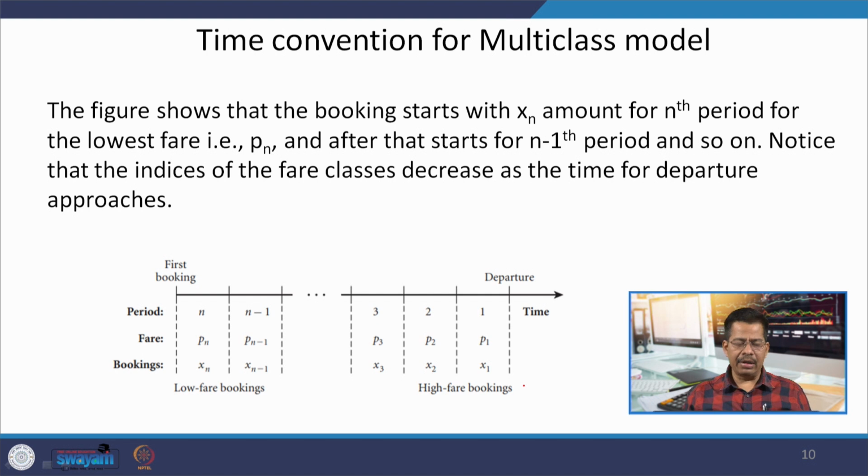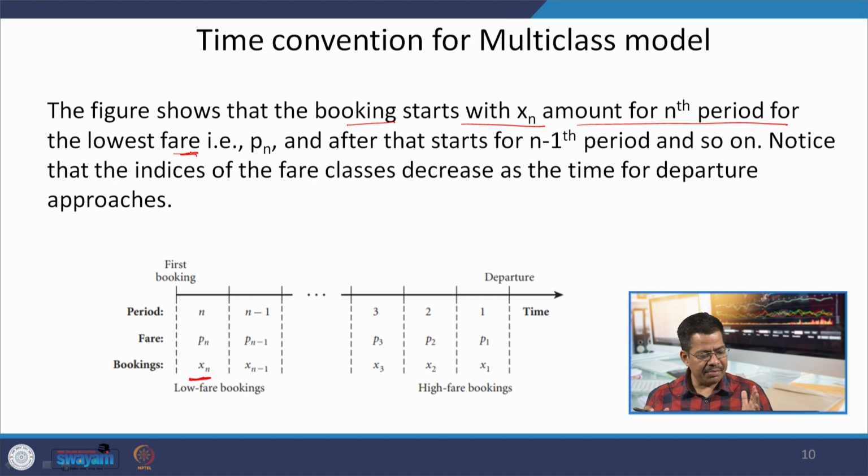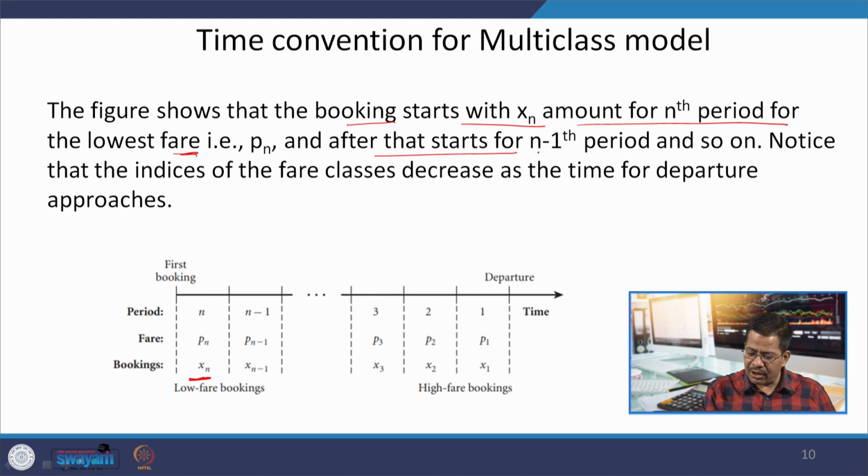Now the time convention we are going to follow for this multi-class model, as you see in this figure, is that the booking starts with xn, the amount for the nth period for the lowest fare. This will continue for the lowest fare class, and then it will start for the n minus 1th period, and then continue for higher fare classes.